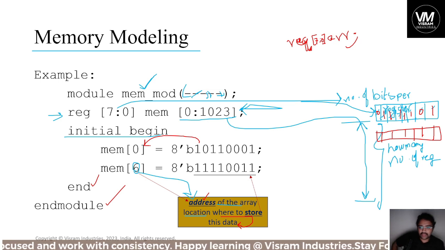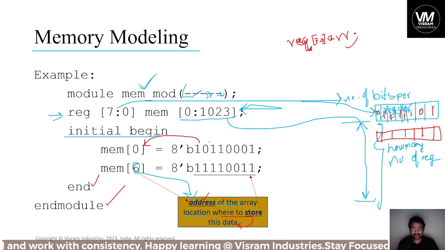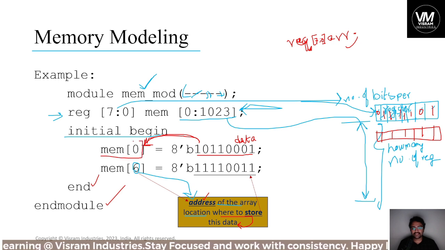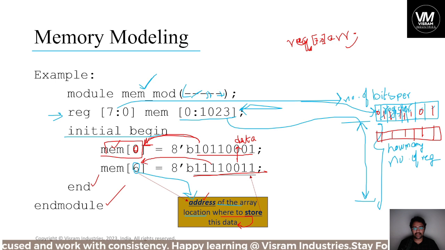So what are we exactly doing? Consider this as the information, that is data. We are giving this data to some location called mem of 0 at 0th location. In the same way, this is the data, and this data is sent to the memory location of 6.